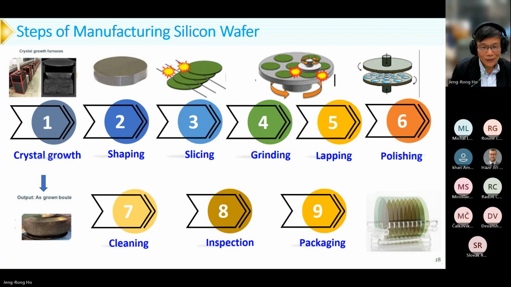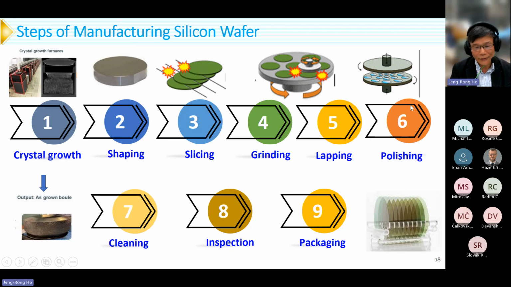into pieces. Then it goes to grinding, lapping, and polishing. And the last step we call CMP, which represents chemical mechanical polishing.